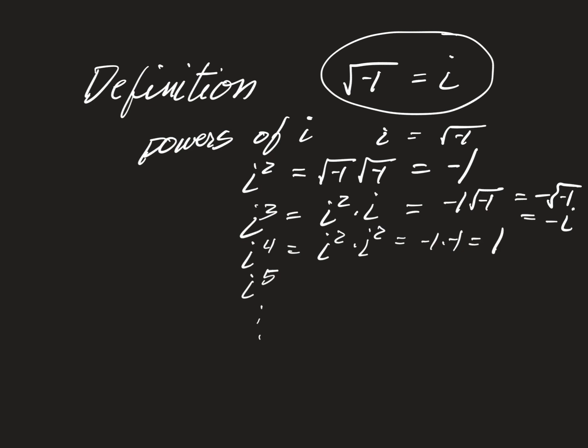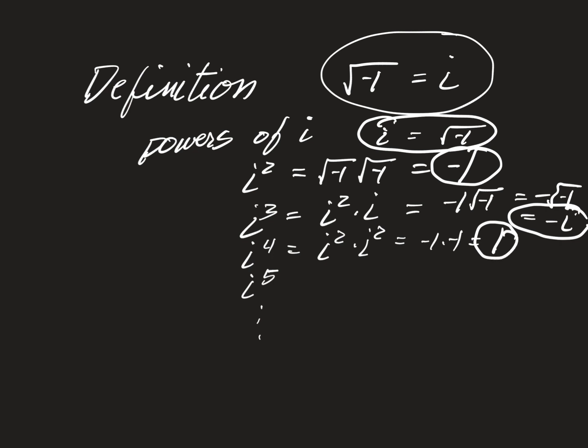Okay? So I want you to look at these. We have i, then we have i squared is -1, then we have i cubed is -i, and i to the fourth is 1. Now, if you keep going, if you look at i to the fifth, that's i to the fourth times i. Since i to the fourth is 1, this is just i.